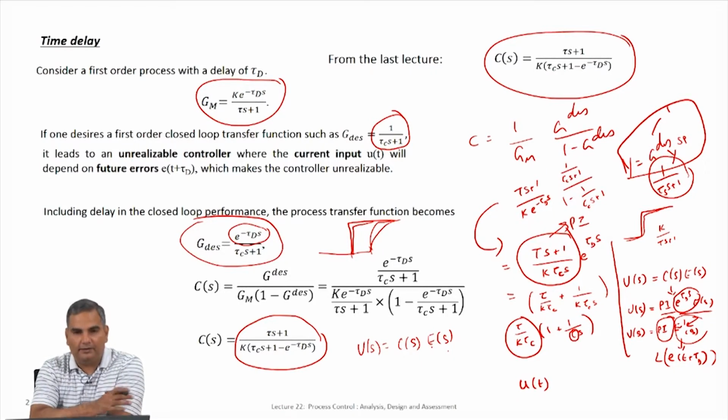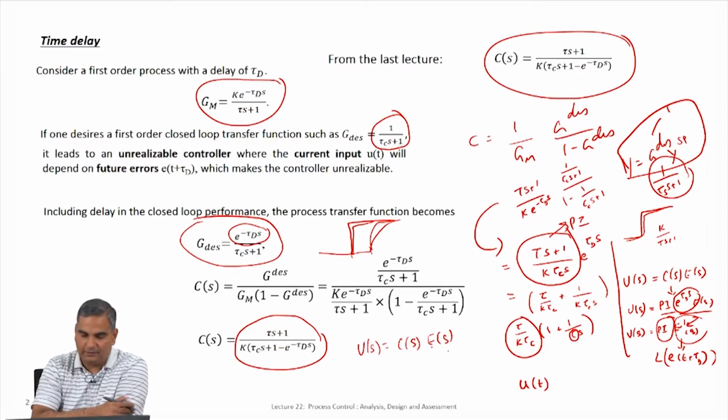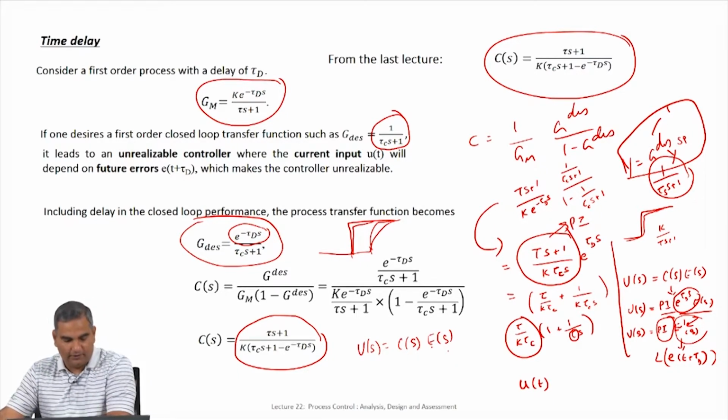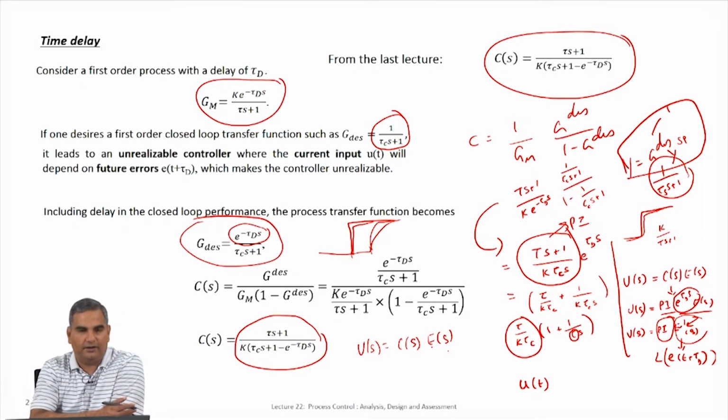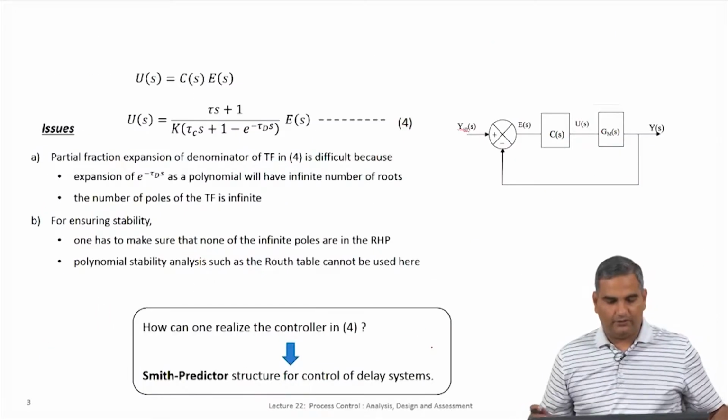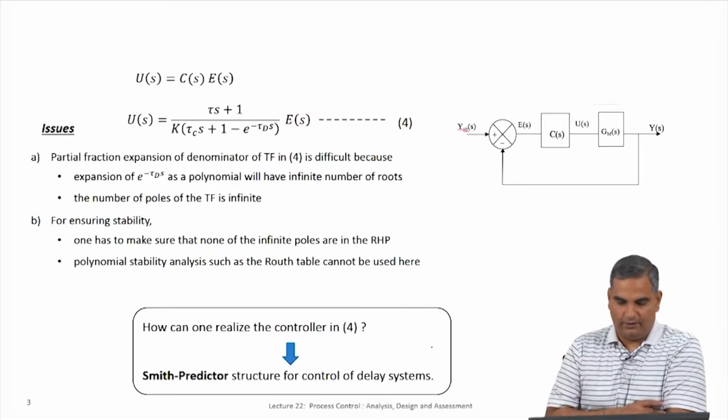I hope till now it is clear why we have to introduce this time delay in the desired and why that creates this new headache for us, which is that the C(s) is not in the numerator by denominator form, which we are very comfortable looking at, and for which we have all kinds of tools in terms of how to implement these, how to invert these and so on. Okay. So, you will have to see how we are going to do this.